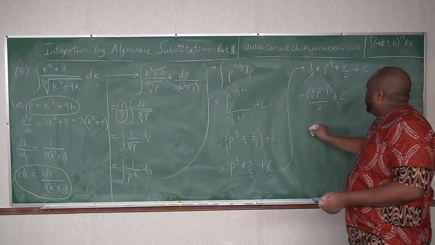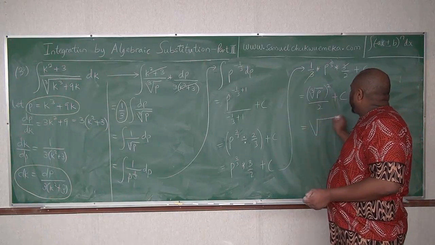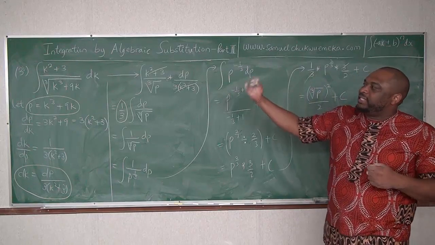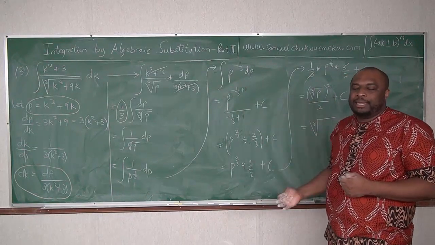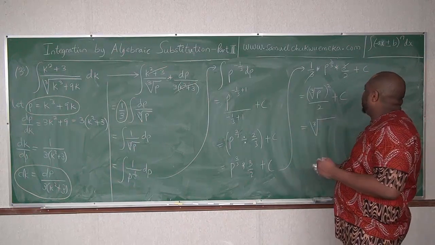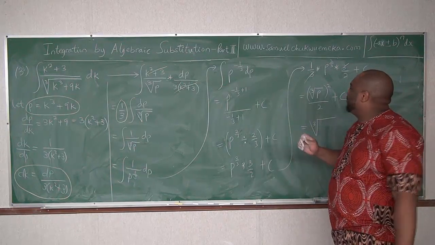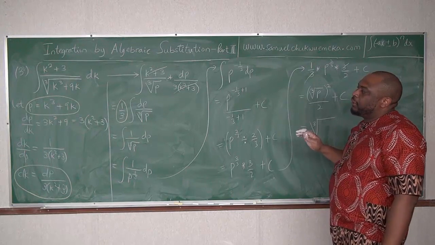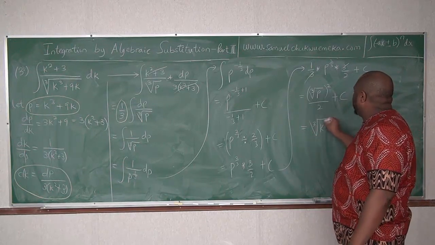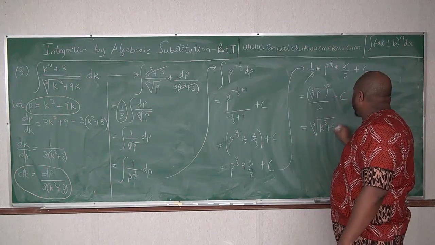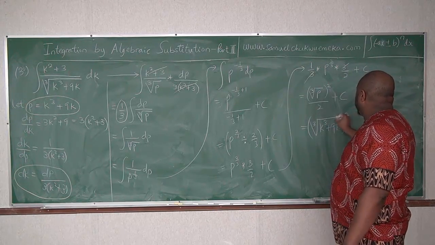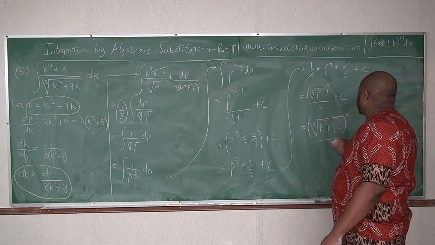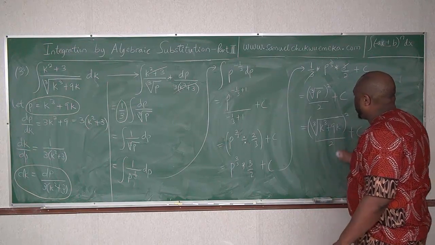So we just substitute back. This will now be the cube root, because they gave it to us in radical. So give them back the answer, let the radical be there as applicable. The cube root of k cubed plus 9k, all squared, over 2 plus c.